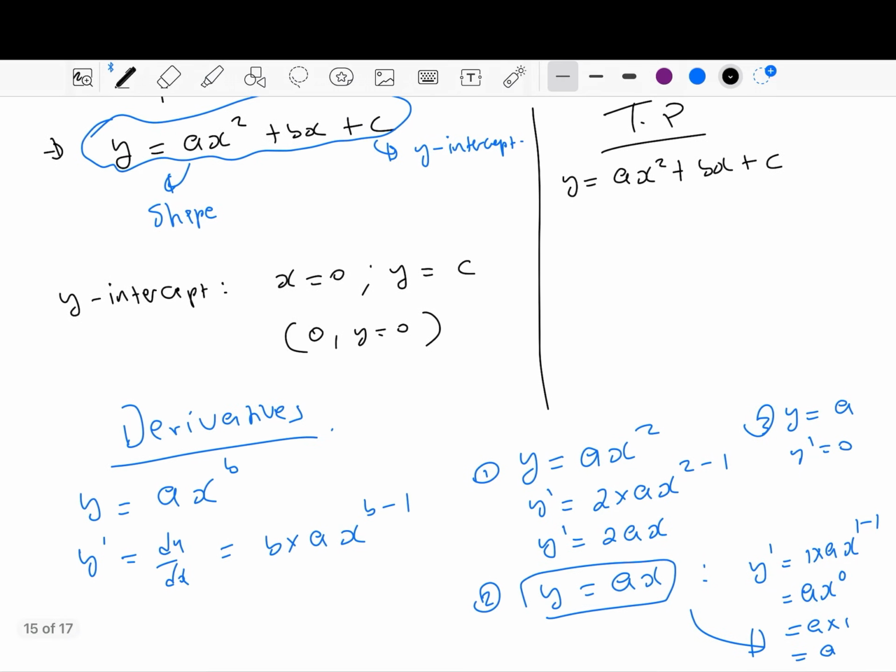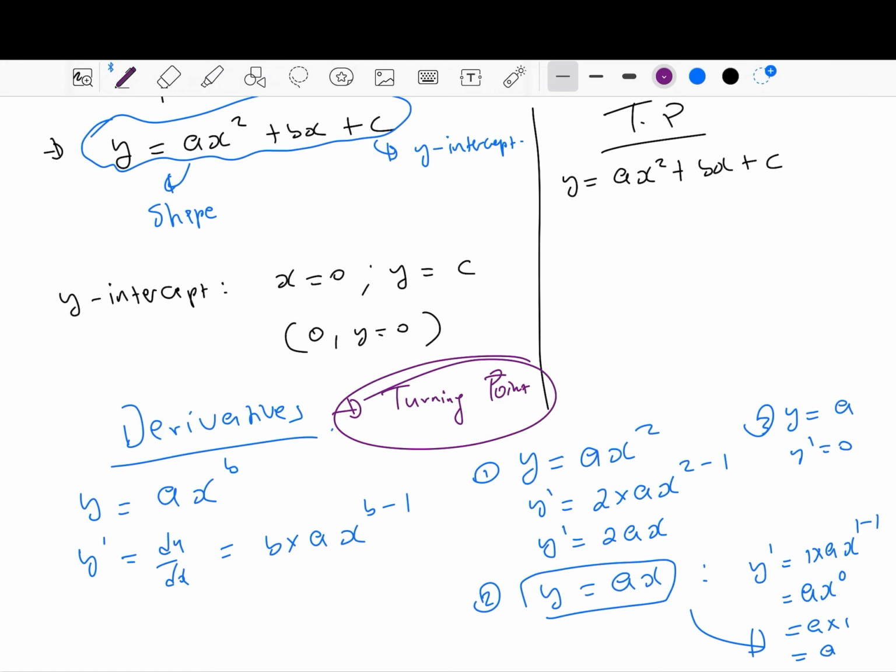So when you talk about derivatives, you are calculating a turning point. That's what a derivative does. If you want to calculate the turning point of anything, you just have to calculate the first derivative.